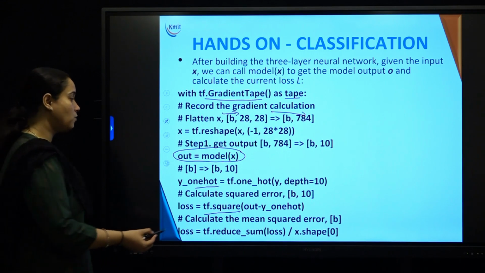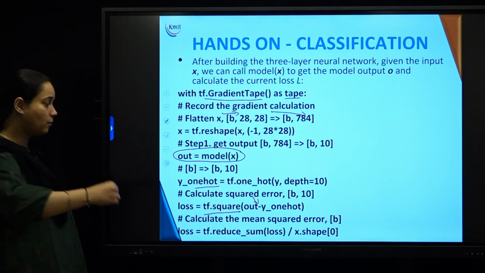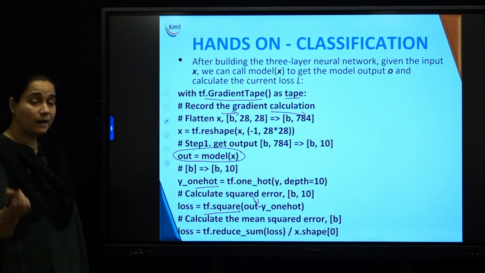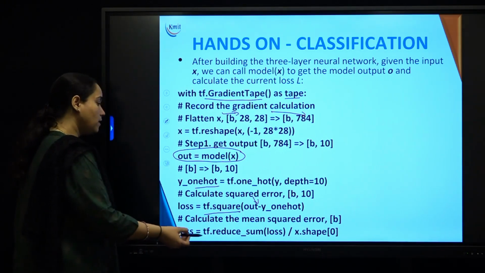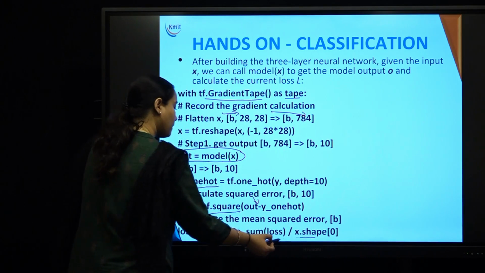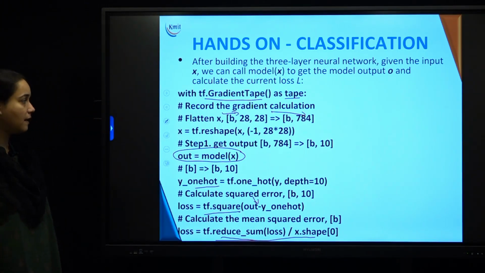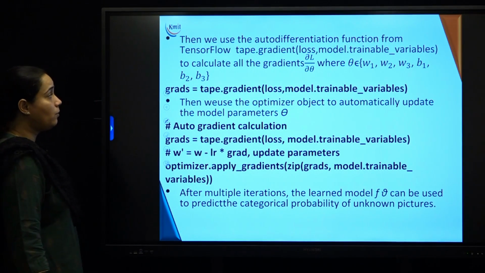I pass my one hot labeled output as input to this function, and I get a squared error out of it. But mind it, for gradient descent we use mean squared error. So I find the mean value of this squared error, and thus I get my mean squared error.